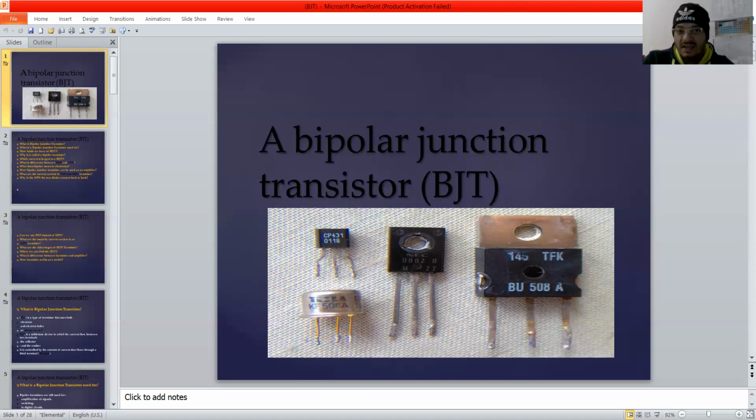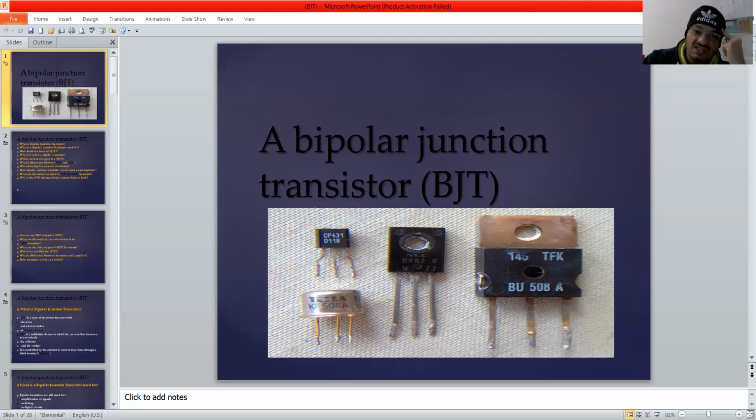The main idea of this device is that we use a small voltage value, and after that, by using this device, we amplify this small voltage to a huge number compared with the first number. It is a current control device, like we said before.